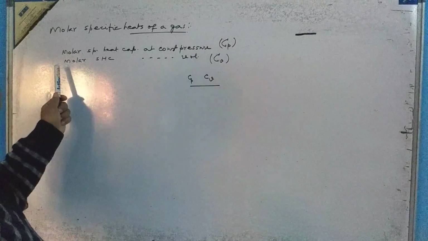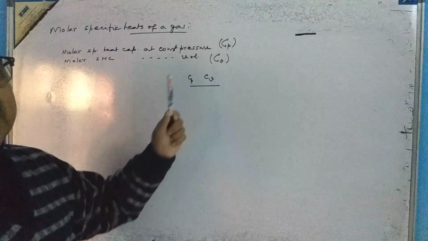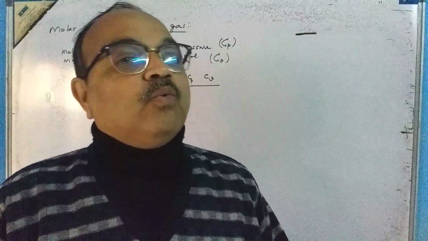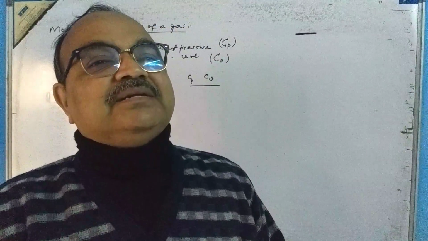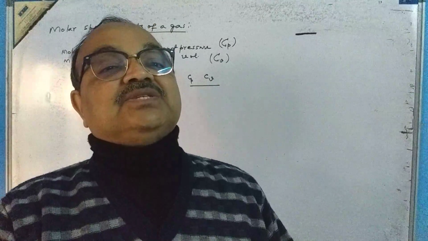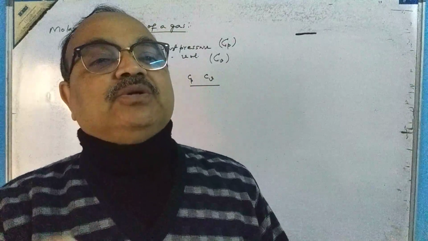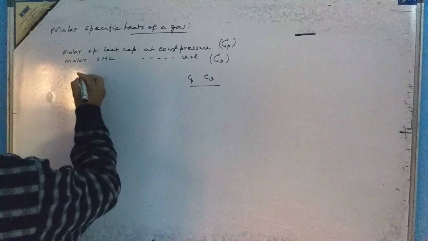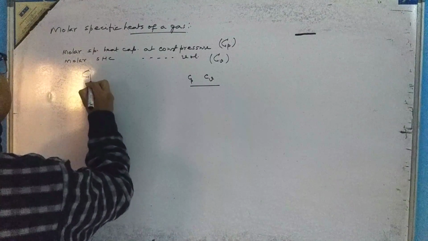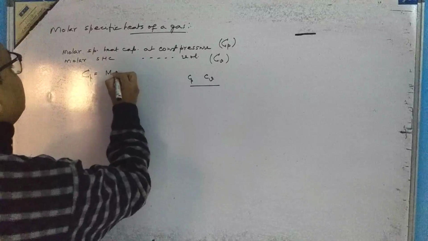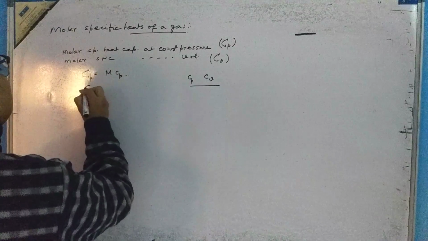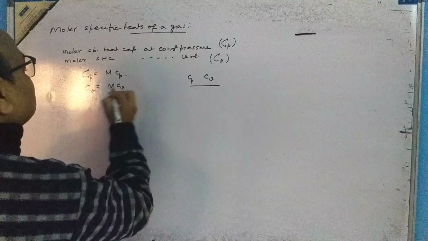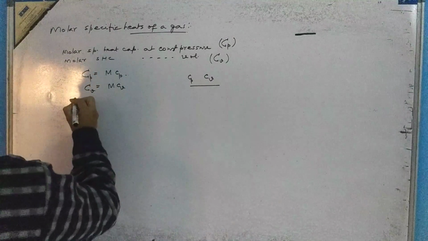Molar specific capacity at constant volume, in a similar way, is the amount of heat gained or lost by 1 mole of a gas so that its temperature rises or falls by unity at constant volume. And what is the relation? Capital Cp is equal to M into small cp. What is M?